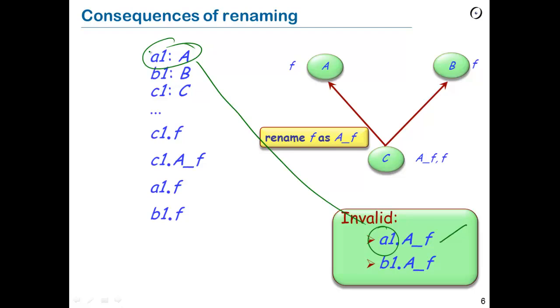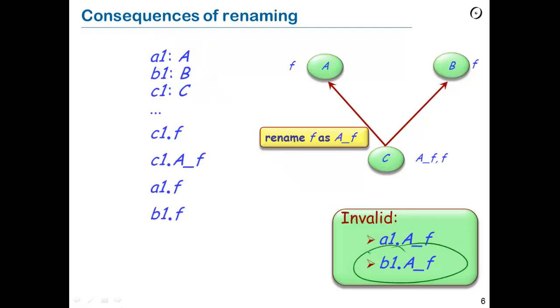And so here that is not the case. A1 is declared of type A, and class A does not have a feature called A underscore F. And in the same way, B1.A underscore F is also not permitted because there is no such feature in class B, and that's the message that you're going to get from the compiler.